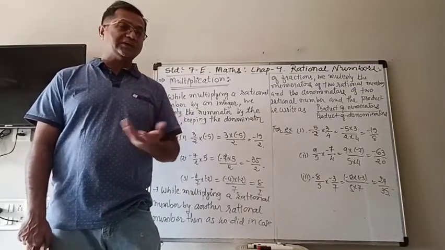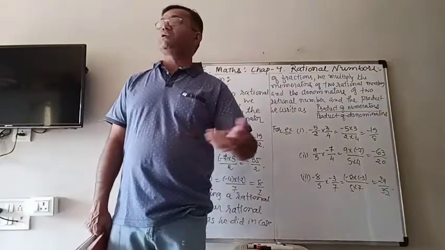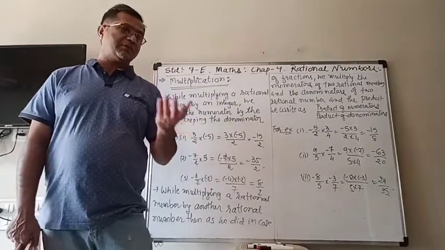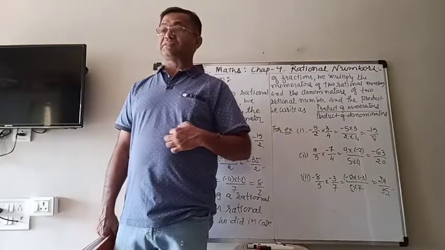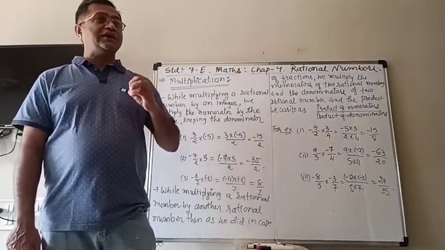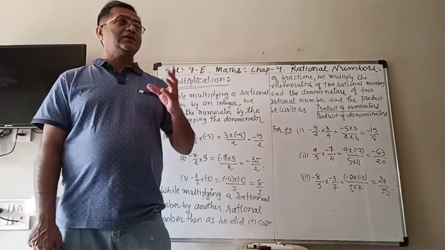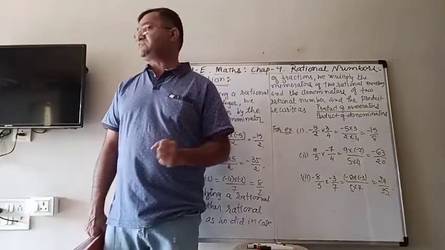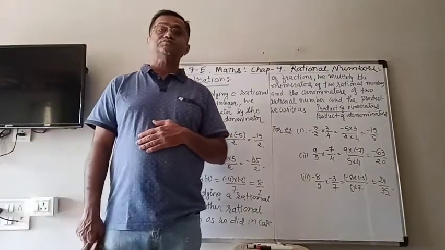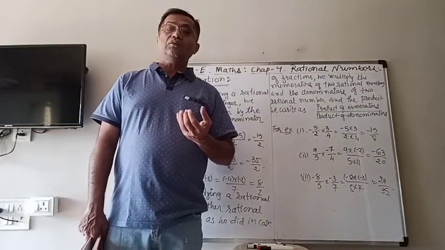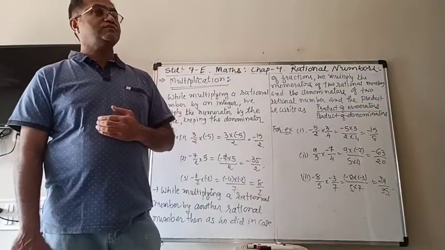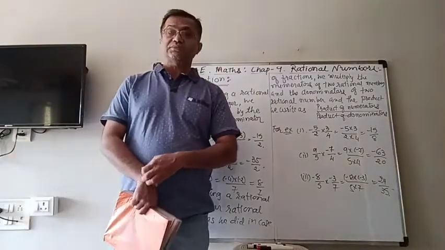That means how to add two or more rational numbers, and how to subtract a rational number from another rational number. So we already learned addition and subtraction of rational numbers. Now, from this session, we are going to learn about multiplication.